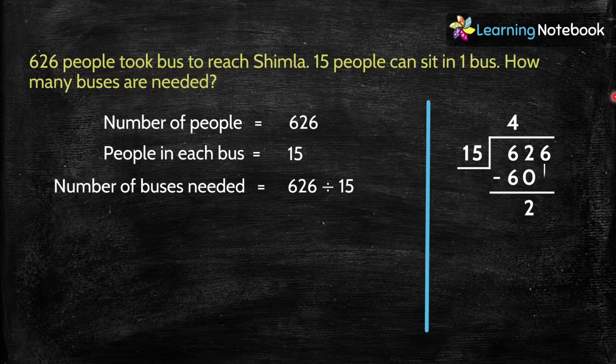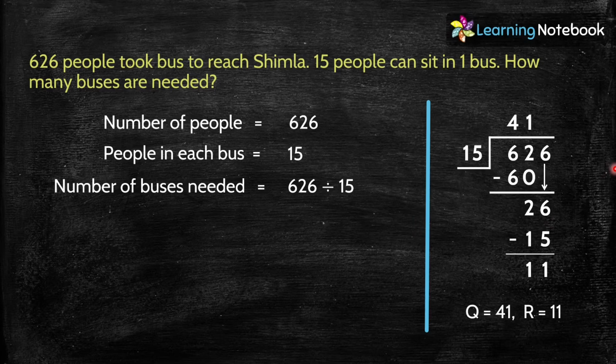Now copy the last digit 6. So we have to divide 26 by 15 now. Students, here we can take 1 as the quotient because we know 15 multiplied by 2 equals 30. So 15 into 1 equals 15 and 26 minus 15 equals 11.